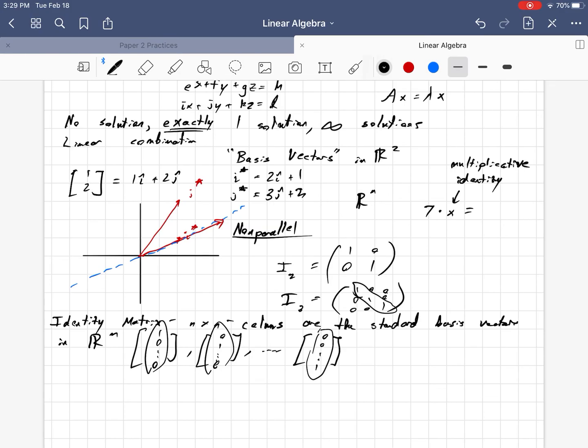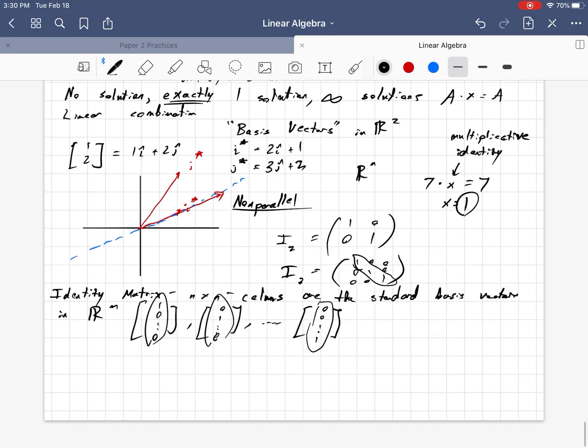So that 7 times this multiplicative identity gives us our original number that we started with, 7. So any number a times the multiplicative identity gives us a, by the definition of a multiplicative identity. Well, what would x be here? Obviously divide by 7, and x would give you a 1. So 1 is the multiplicative identity. In other words, 1 times any number gives you that original number.